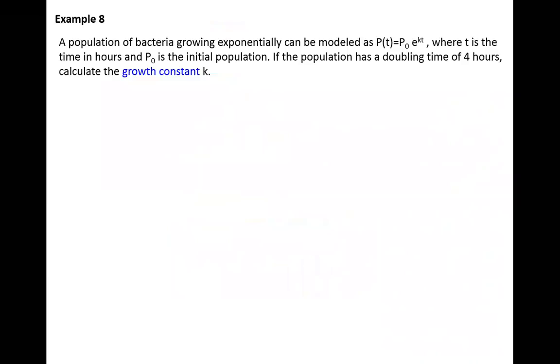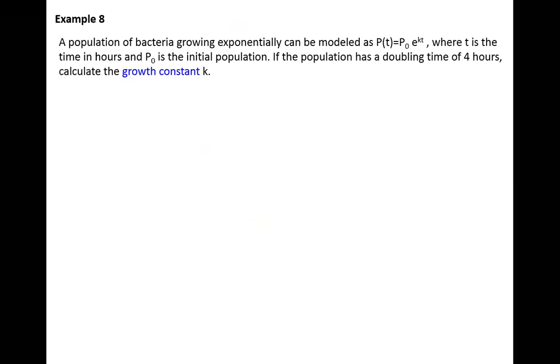A population of bacteria growing exponentially can be modeled as P equals P sub 0 e to the power of KT, where T is the time in hours and P sub 0 is the initial population. If the population has a doubling time of 4 hours, calculate the growth constant, K.